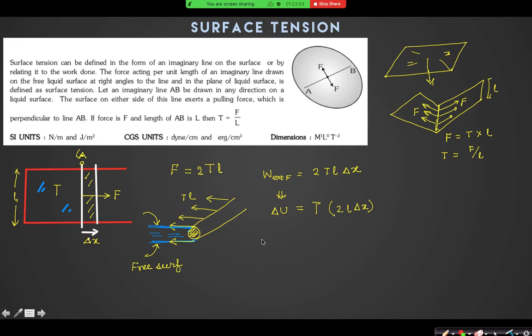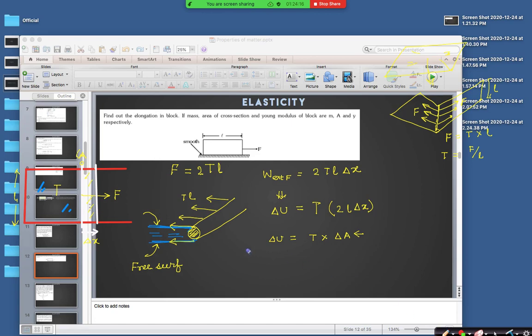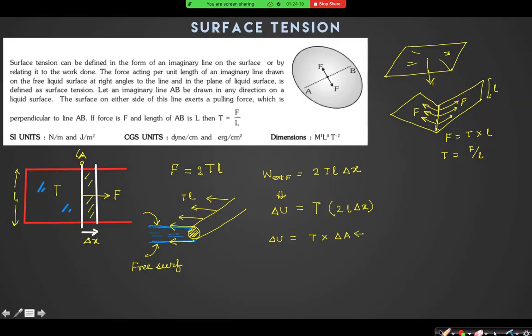So can I say that surface energy is equal to surface tension multiplied by delta A, which is the increment or change in free surface area? It can also decrease.